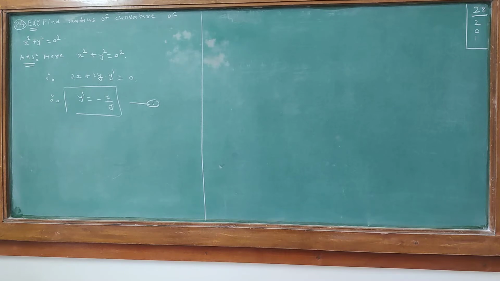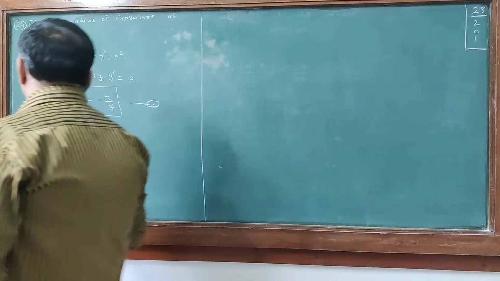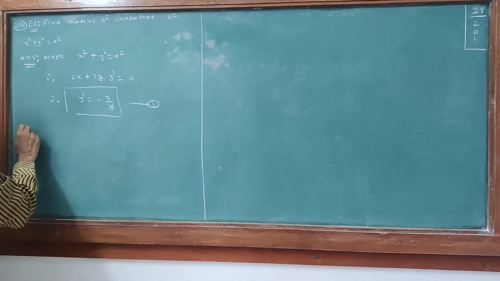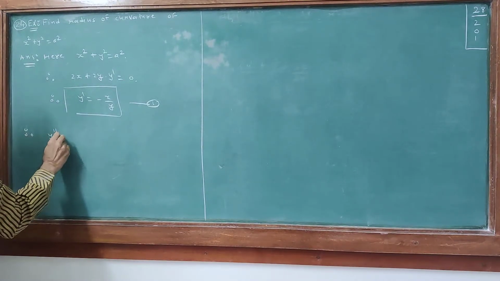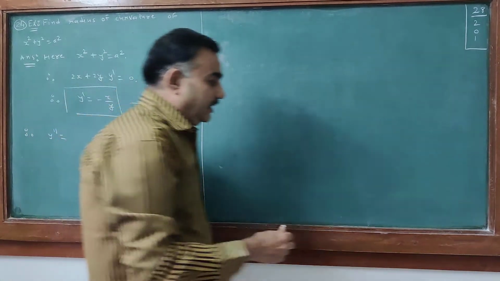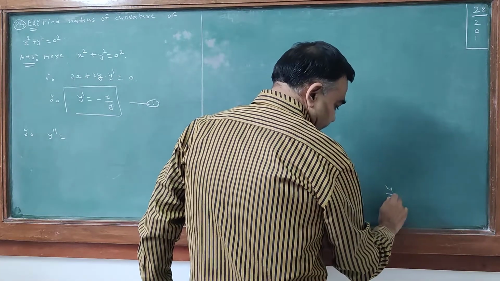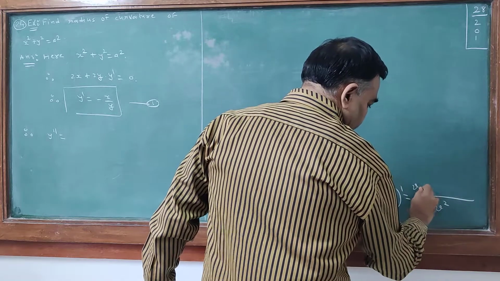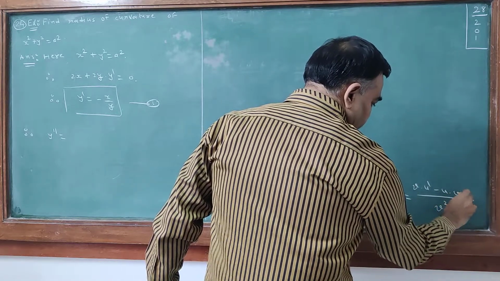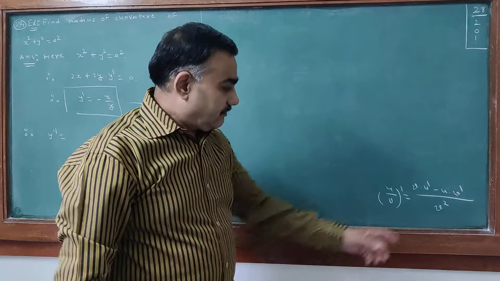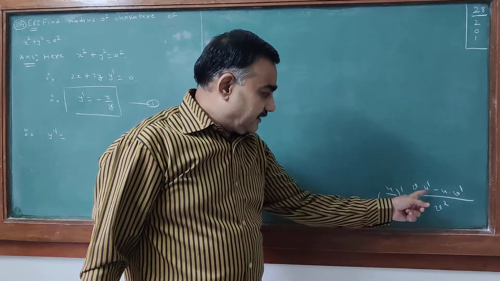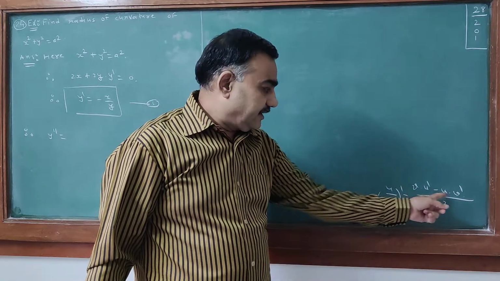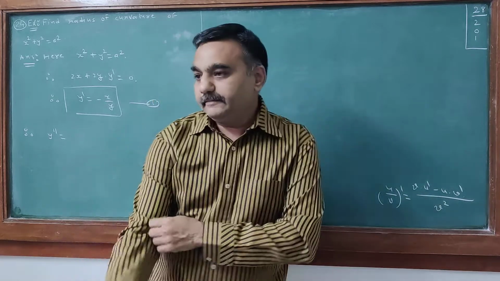Therefore, one more derivation, u upon v formula: square of denominator into differentiation of numerator minus numerator into differentiation of denominator.